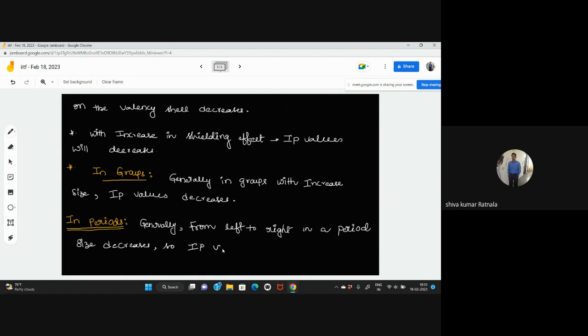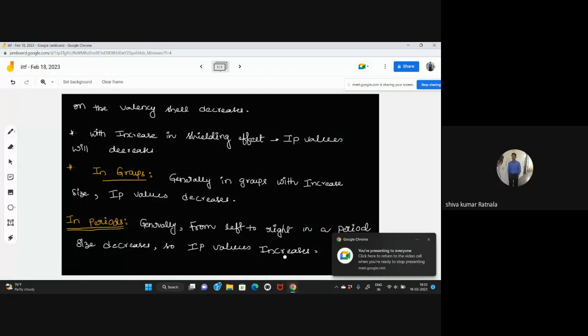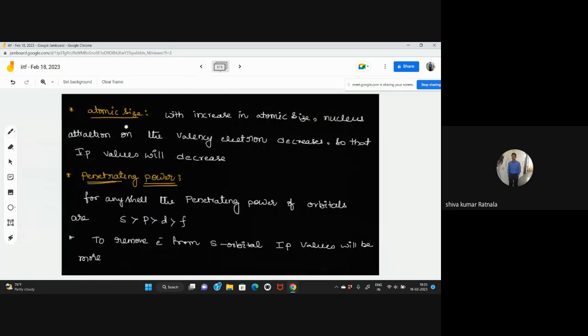I didn't understand the topic, sir, how IP values change with the increase or decrease of atomic size. Simple. As we have seen, with increase in atomic size, nuclear attraction on the electron decreases, so IP values will decrease.